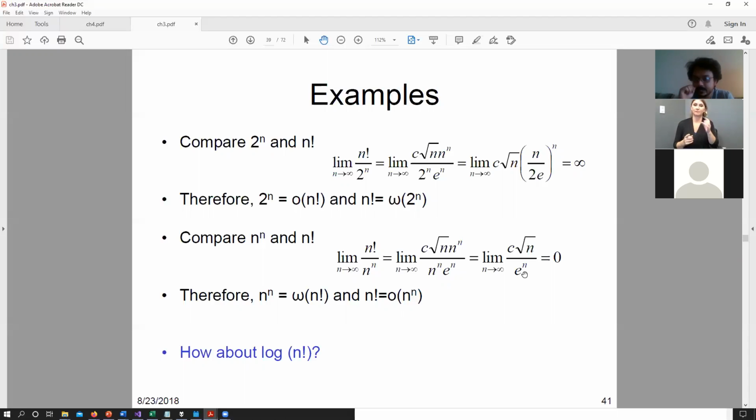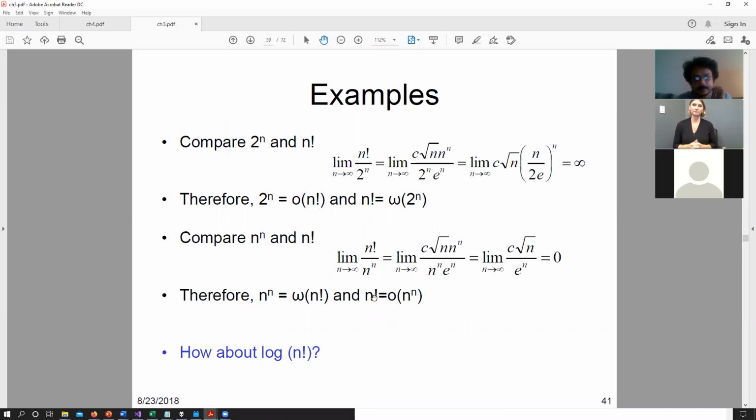We can derive this, but it is going to tend to 0. So in essence, n raised to the power of n will grow faster than n factorial because we have that divide by e to the power of n, right? And similarly, n factorial is upper bounded by n raised to the power of n. So that is the difference between these two equations.